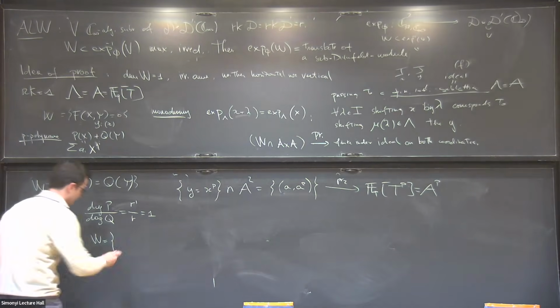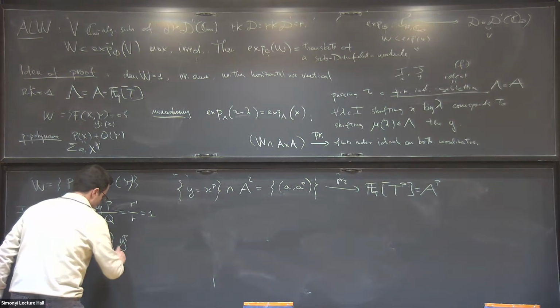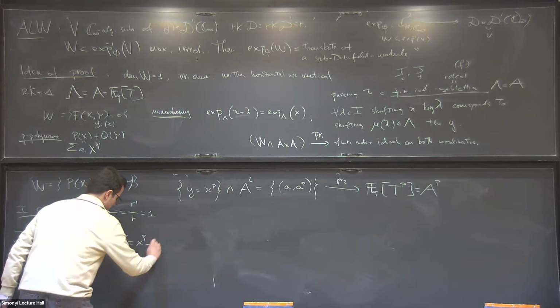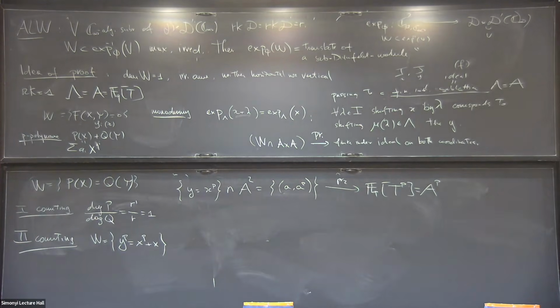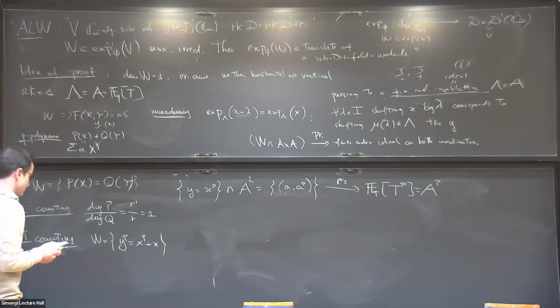So here we want to exclude situations like y to the p equals x to the p plus x. We want to rule this out, and then combining with the first step, it will have to be linear. And so we get a description of our W, and then basically we conclude.